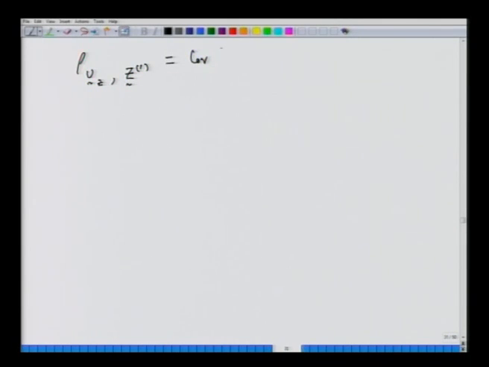So, we can just write that the correlation between uz and z1 is equal to the covariance between uz and z1. What we have written for uz is the Az matrix times this z1 vector. So this is the covariance between these two terms, which is very simple.